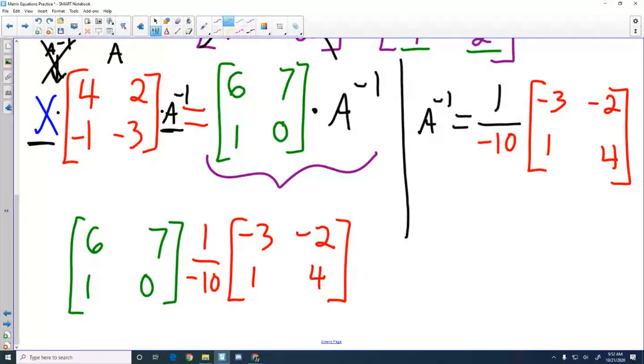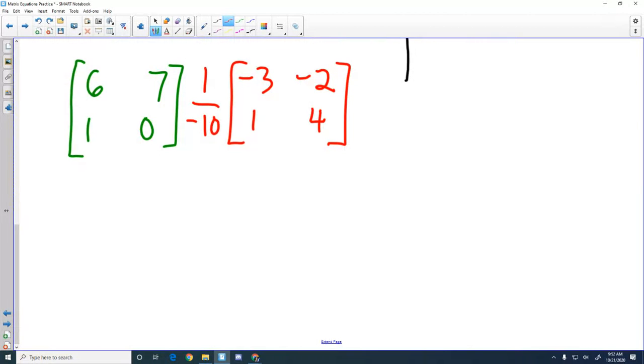Now, in this situation, it looks kind of weird because there's a fraction in between the two matrices. Luckily, since that negative 1/10 is a scalar, multiplying by a scalar is commutative, meaning I can rearrange that scalar term. So I can't switch the order of the matrices, but we absolutely can take this negative 1/10 and just move it out in front of these two matrices.